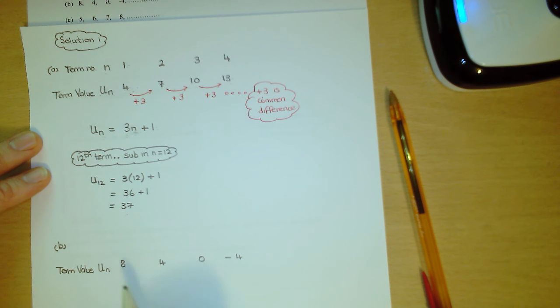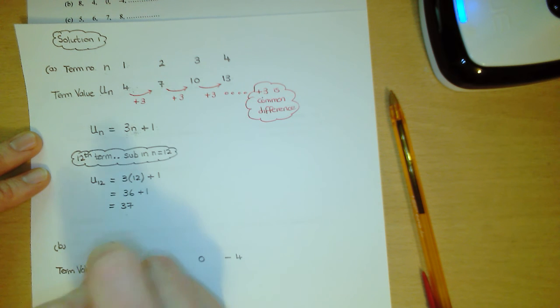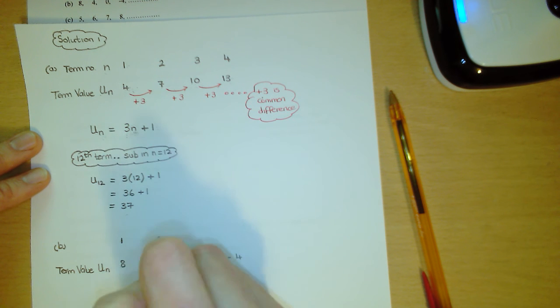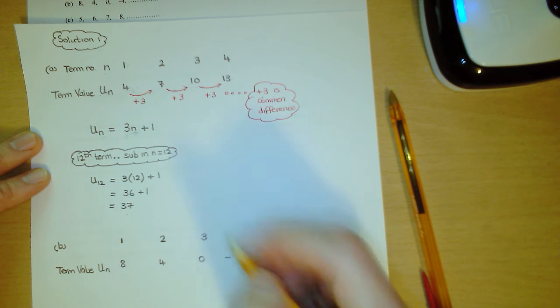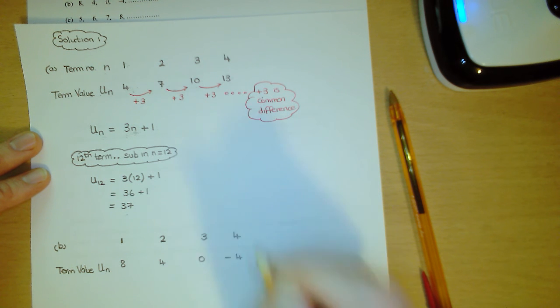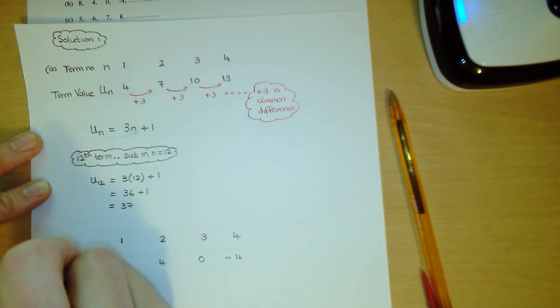In order to get the nth term formula, again, the first thing you do is write the term numbers directly above the term value. So this 8 is the first term, so I put a 1 above it. The 4 is the second term, so I put a 2 above it. The 0 is the third term, I put a 3 above it. And the minus 4 is the fourth term, and I put a 4 above it. And the top row of numbers are the term numbers.